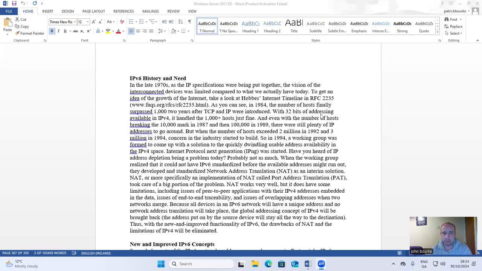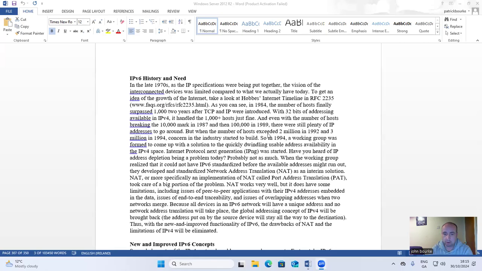With 32 bits of addressing available in IPv4, it handled 1,000 plus hosts just fine. And even with the number of hosts breaking the 10,000 mark in 1987 and then 100,000 in 1989, there were still plenty of IP addresses to go around.